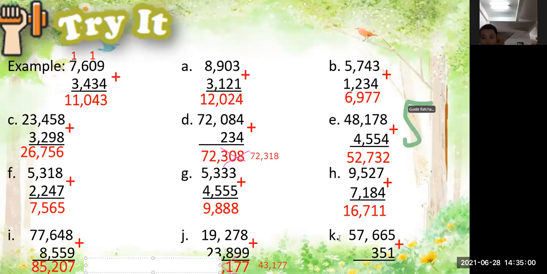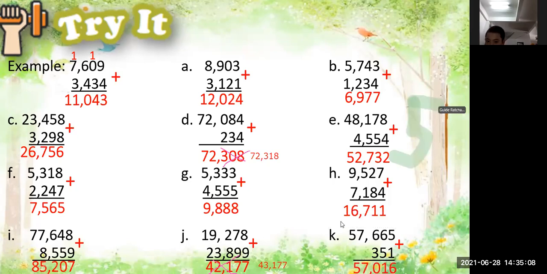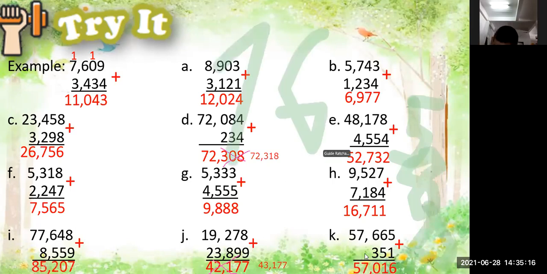Letter K. 57,000. Oh, I forgot again here. It must be 8. 5 plus 1 is 6. 6 plus 5 is 11. This one is 58.